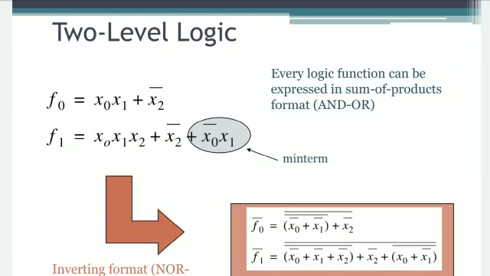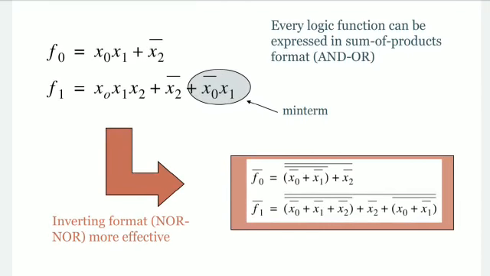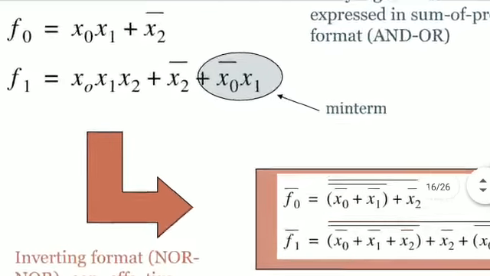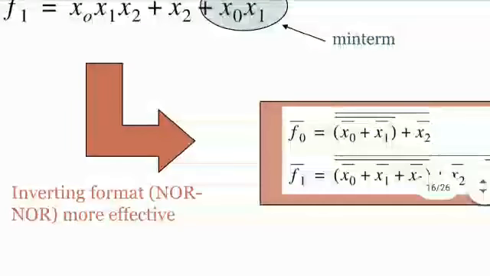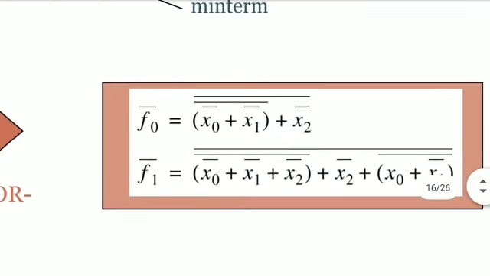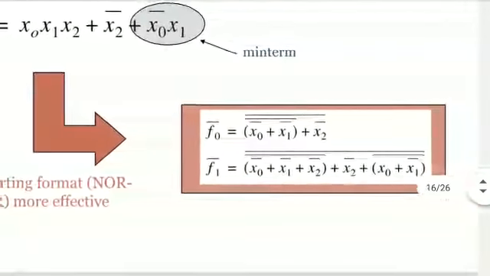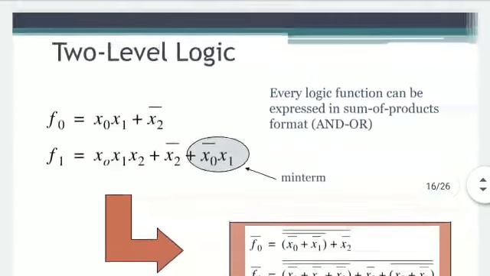Every logical function can be expressed as a sum of products, SOP, that is AND-OR. Now, if you try to manipulate f0 and f1 and convert them into NOR-NOR format, we'll get these two new equations. A small manipulation. The detailed manipulation steps are not shown here. You can try on your own. It is a very simple technique.